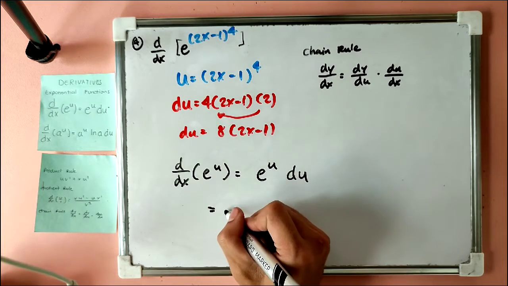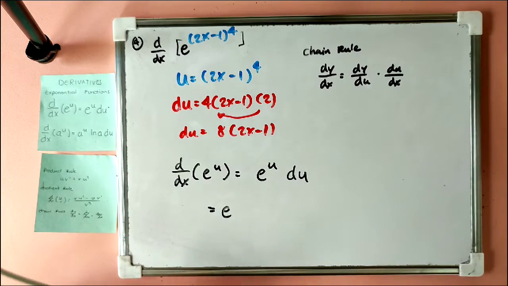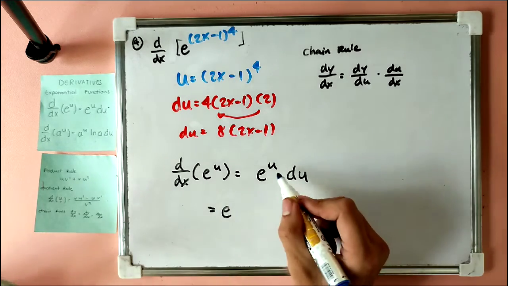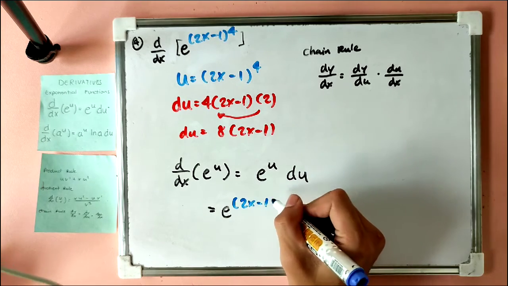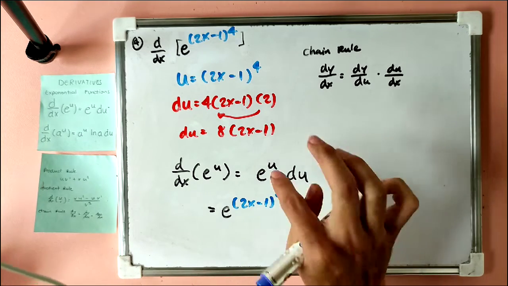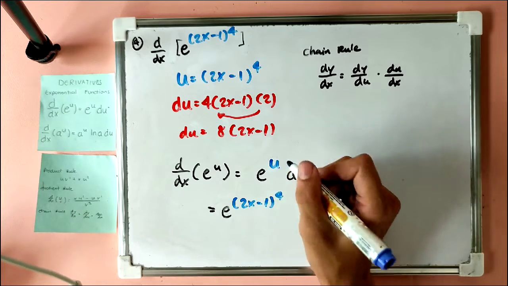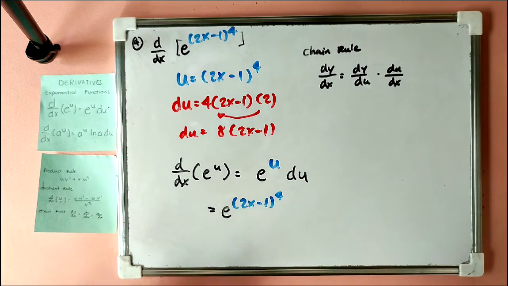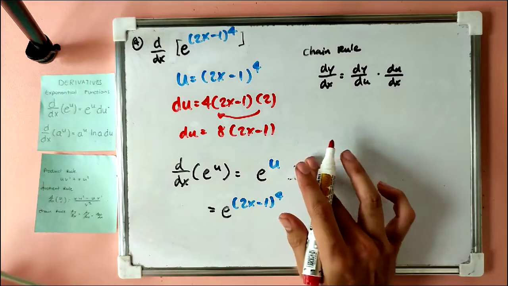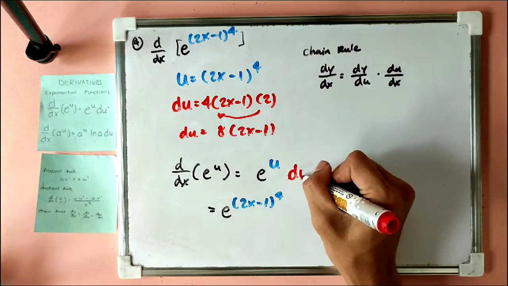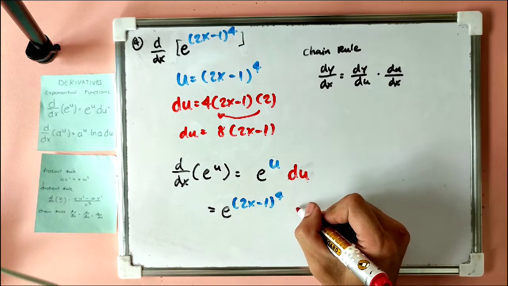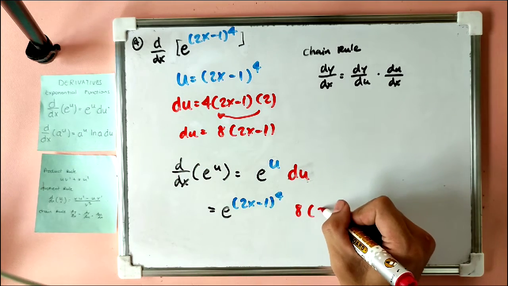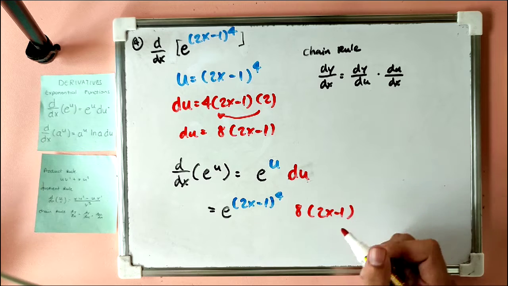We just copy the e. Then, ang u natin ay 2x minus 1 raised to 4. Then, the derivative, baguhin ko lang to. The derivative of our u is 8 times 2x minus 1.